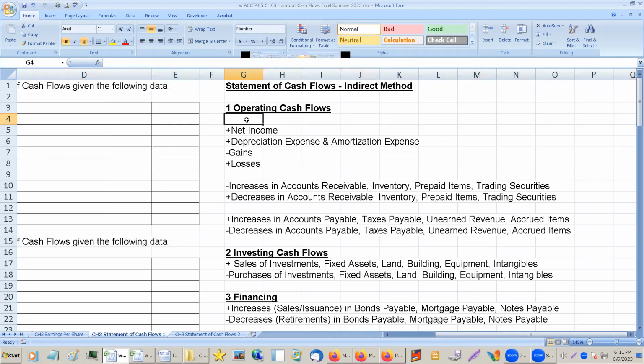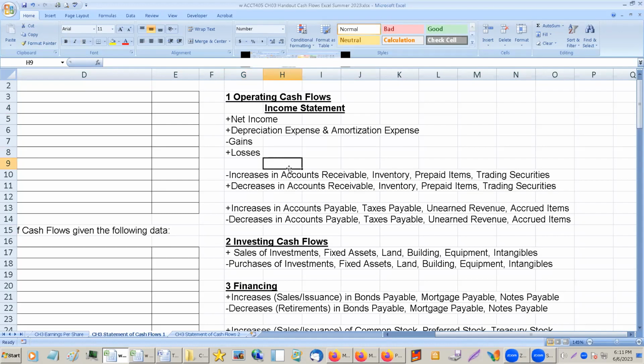The first part of the operating section comes from the income statement, the same income statement we talked about before. It's net income, depreciation, and we'll talk about gains and losses. The second part comes from the balance sheet. This is what we call current assets, which we haven't talked about.